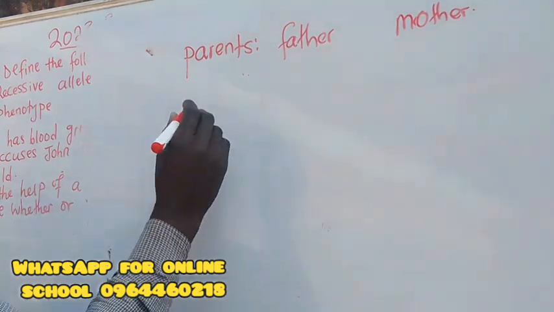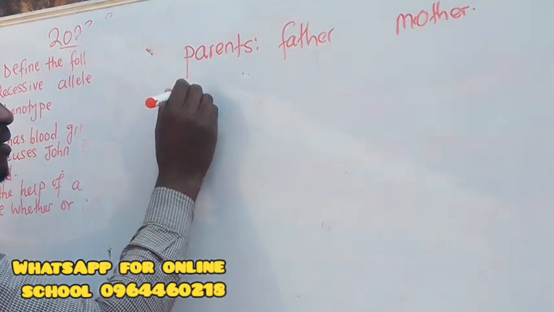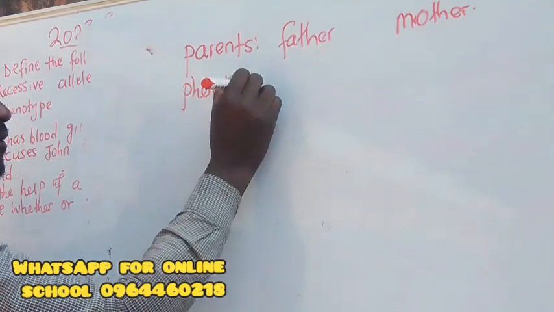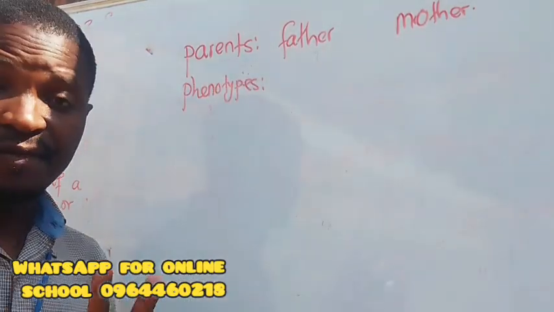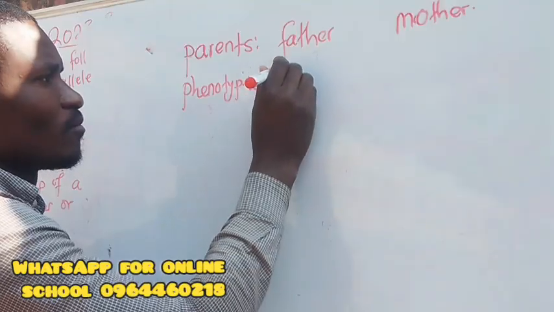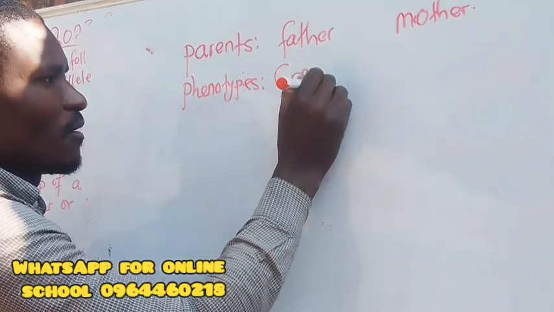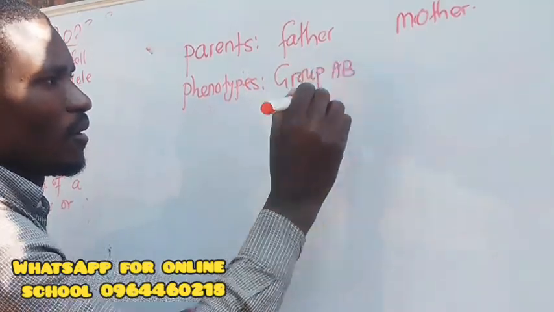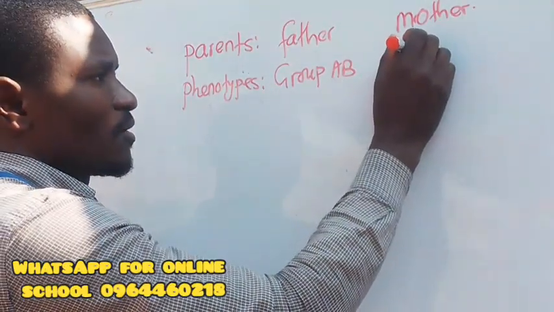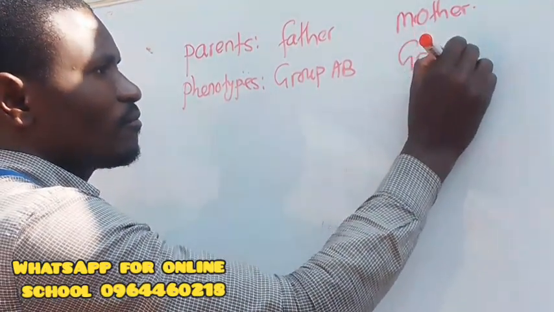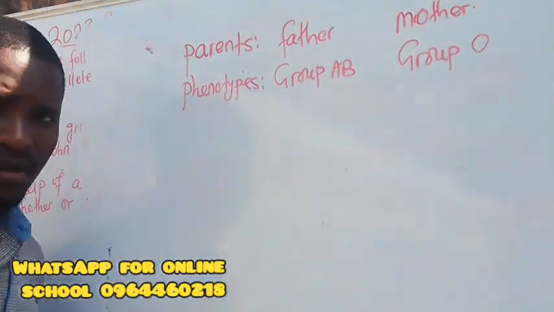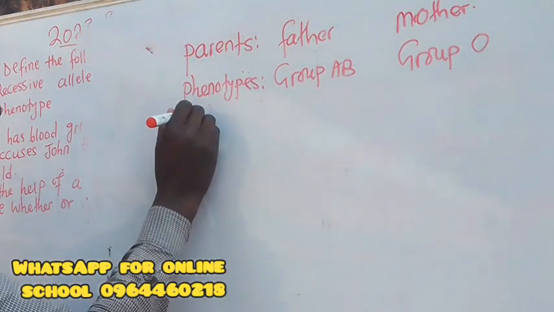And then we are going to have the phenotypes. The father is blood group AB, and the mother is also group O. And then now the genotypes.